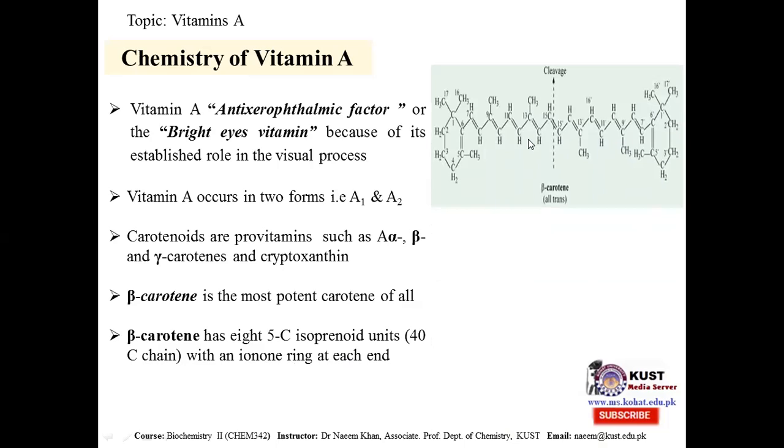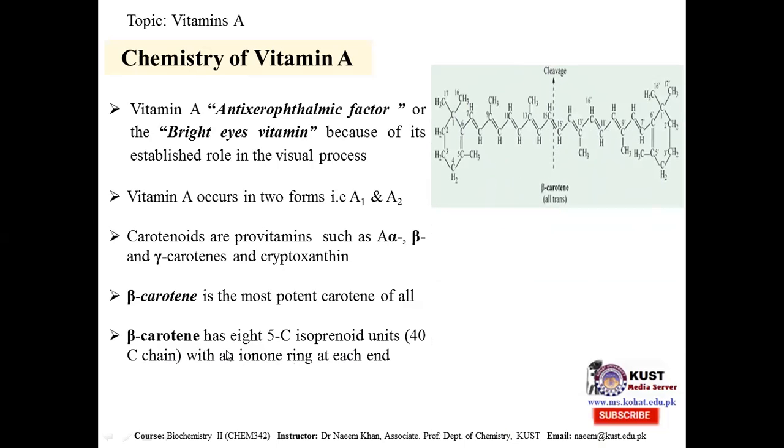This is the point where this chain will be broken and we will get vitamin A.